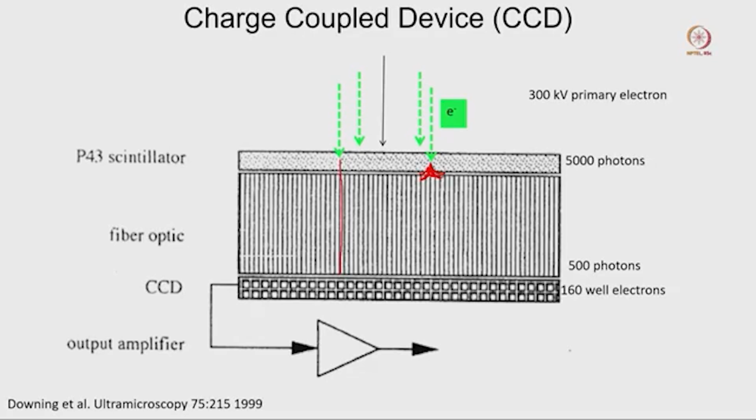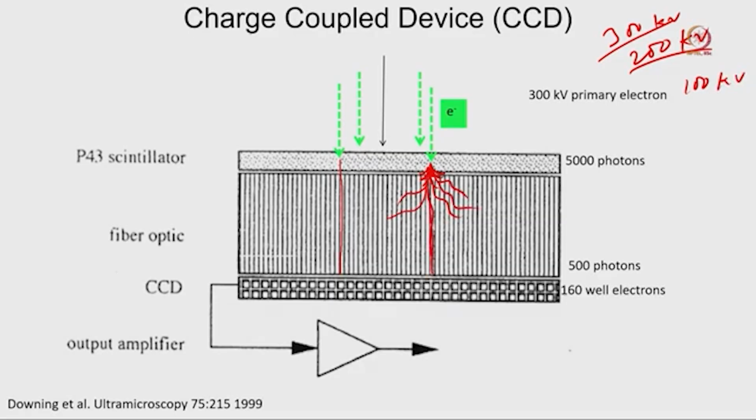Now, based on the total charge, if it is a 300 kV microscope or a 200 kV microscope, as I mentioned, they have more energy, so they can spread more, but if it is a 100 kV or 200 kV, the spreading will be less, and then they will follow different kinds of trajectory. It will not follow this straight line all the time.